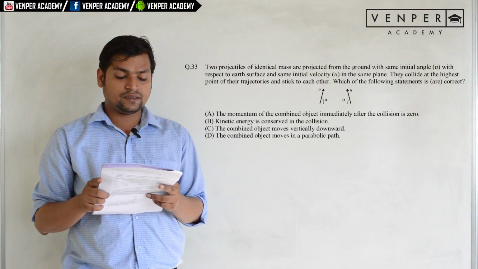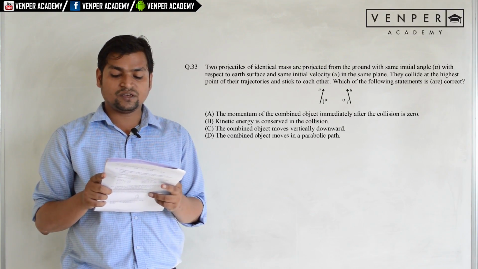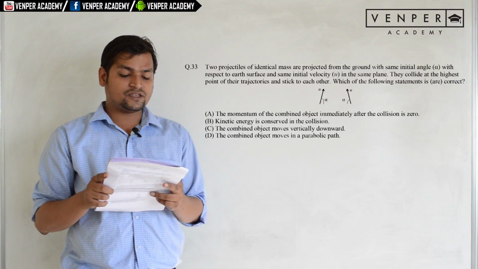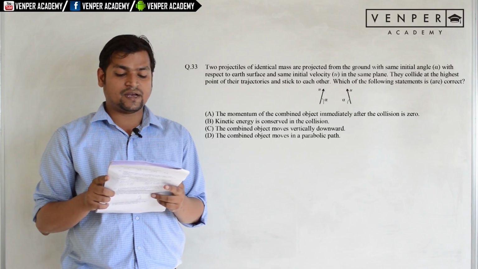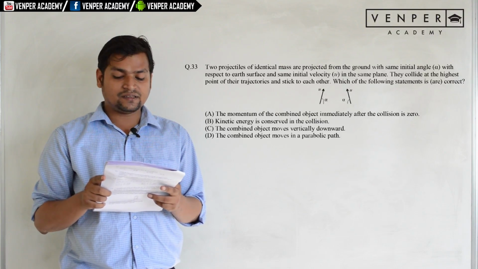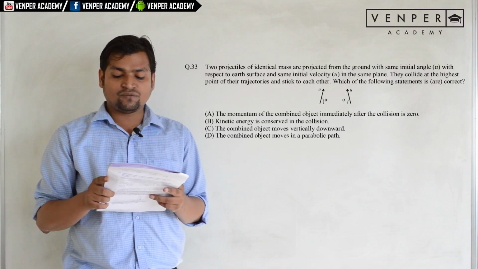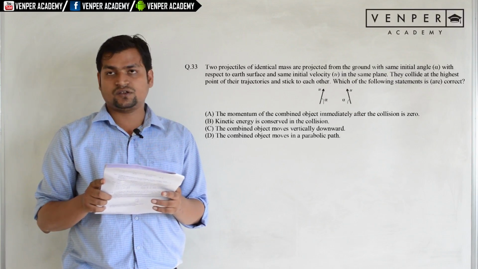Question number 33. Projectiles of identical mass are projected from the ground with initial angle alpha with respect to earth's surface and same initial velocity in the same plane. They collide at the highest point of their trajectory and stick to each other. Which of the following statements are correct?